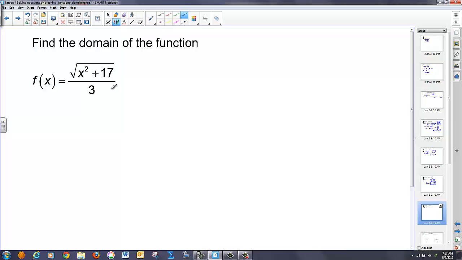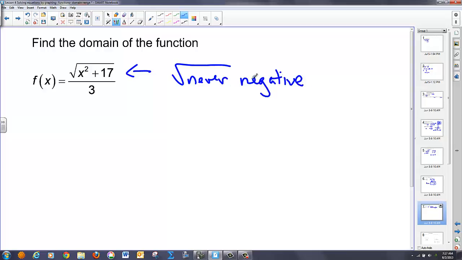So in essence, what's under the radical will never be negative, because of that squared value. So we can actually just look at this and state, well, if what's under the radical is always going to be positive, then all numbers will yield a y value. Therefore, my domain is all real numbers.